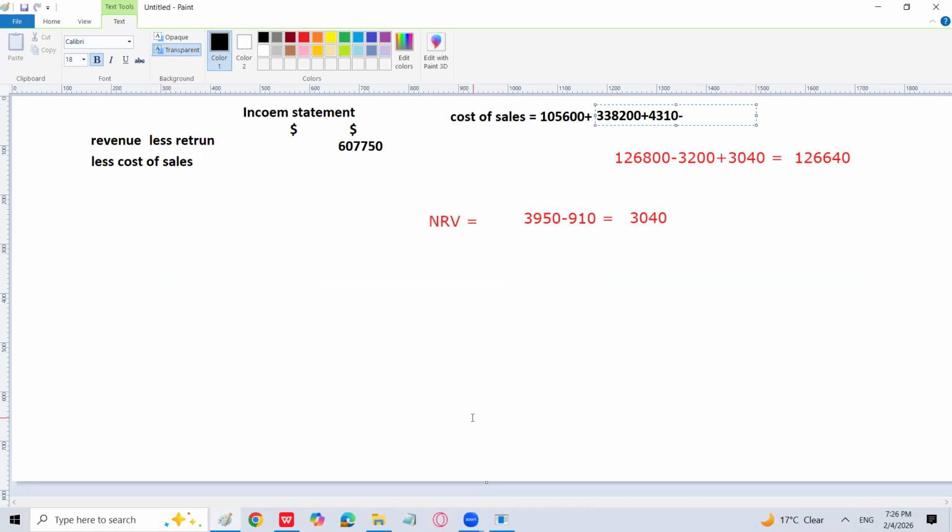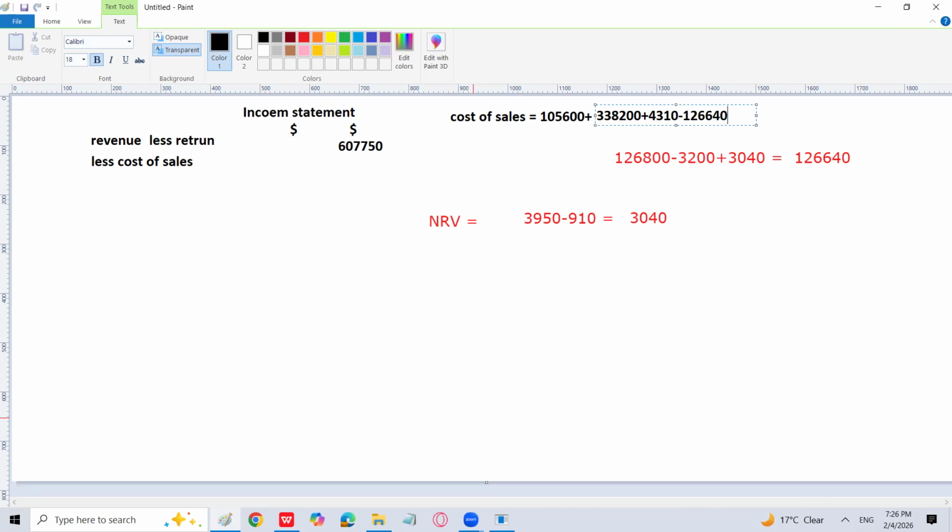Closing inventory, I have already calculated 126,640, because there is a part of inventory included in the closing inventory of 126,800, which is damaged, costing 3,200. But its market value or net realizable value is 3,040. So we need to write the lesser amount. 3,200 will be subtracted, 3,040 will be added.